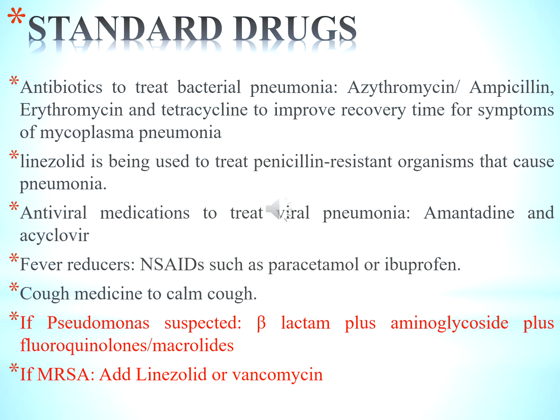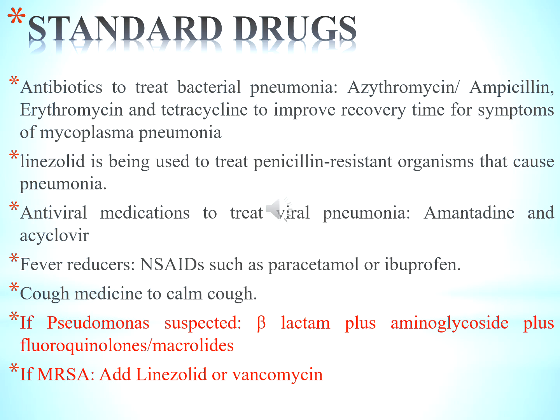The treatment options for pneumonia: antibiotics are used to treat bacterial pneumonia, that is azithromycin or ampicillin, erythromycin, and tetracycline. That will improve the recovery time for symptoms of mycoplasma pneumoniae. Then linezolid is used to treat penicillin-resistant organisms that cause pneumonia. Then antiviral medications such as amantadine and acyclovir to treat viral pneumonia. Then fever reducers are included because of high fever.